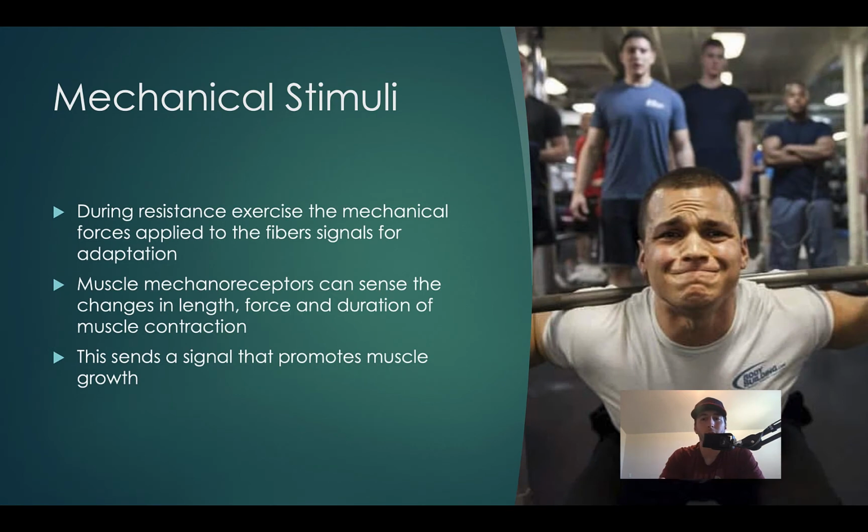So mechanical stimuli, like this dude over here on the right is clearly struggling with a squat. He's clearly putting a high level of mechanical stress onto his muscle. It is that exact mechanical stress that is needed in order to signal to our DNA that we need to increase the amount of muscle protein there. That's going to be what is actually increasing muscle growth or anabolism.